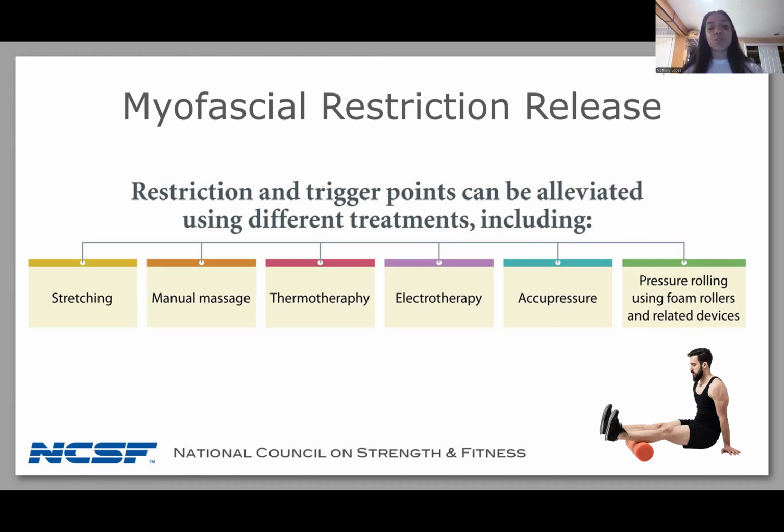And then you have electrotherapy and acupressure. Acupressure actually goes along with those manual massage and the pressure foam rolling. The only difference with the acupressure is that you're getting at certain points in the body. There's acupressure points in the body that help relieve a bigger portion of the body just by getting those specific points.